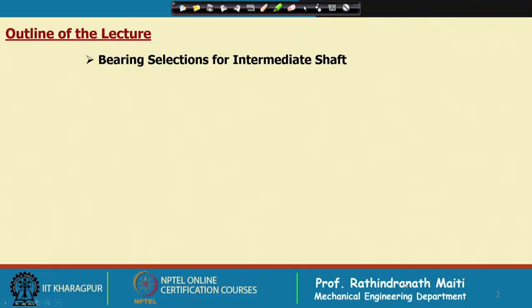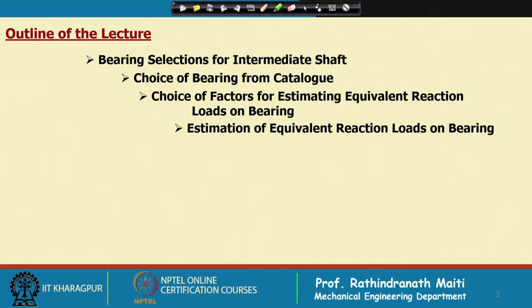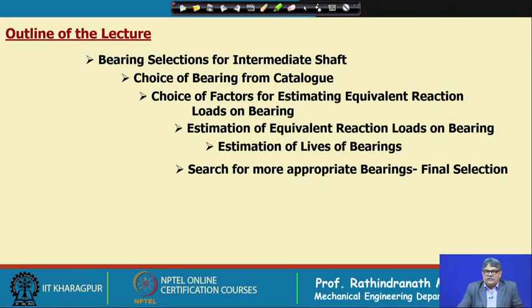So now we shall go for bearing selections for the intermediate shaft: choice of bearing from catalog, choice of factors for estimating equivalent reaction loads on bearing, estimation of equivalent reaction loads on bearing, estimation of lives of bearings, search for more appropriate bearings, and then final selection of bearings.